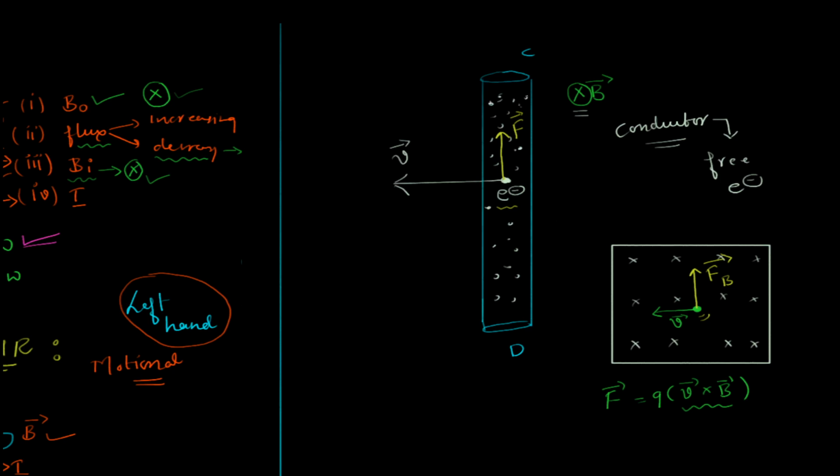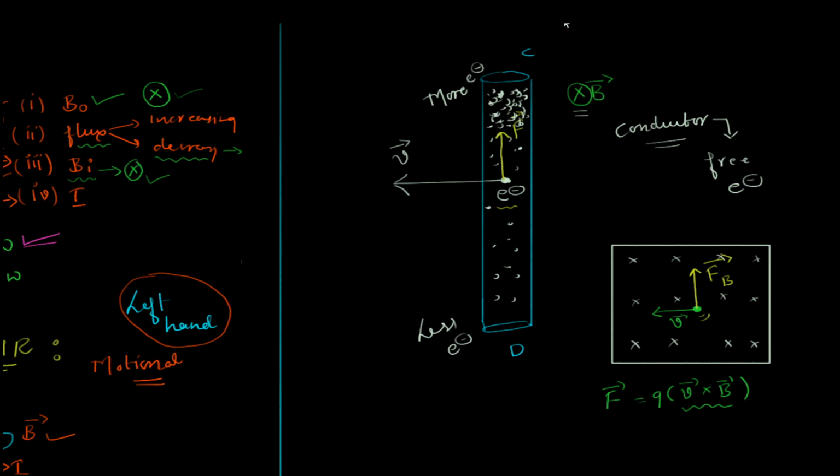more electrons will sort of get crowded near C. The electron crowd gets more near the C end of the rod, and there will be a lack of electrons over here. So there are more electrons near the C end, and fewer electrons near the D end of the rod, due to the whole discussion that I just made.